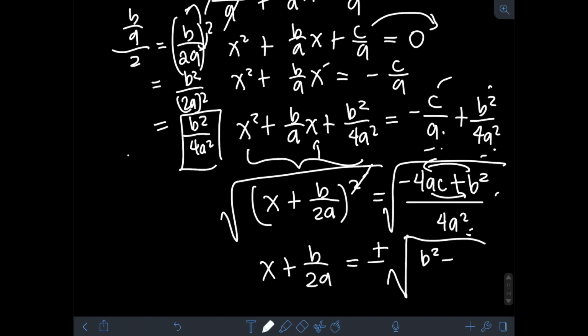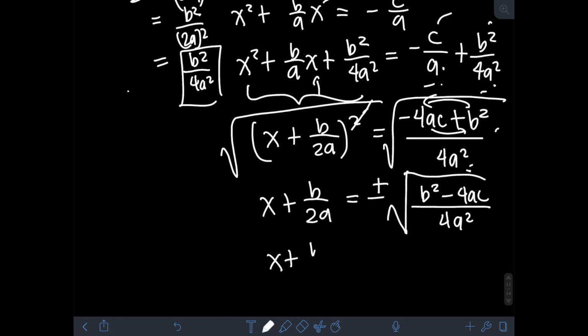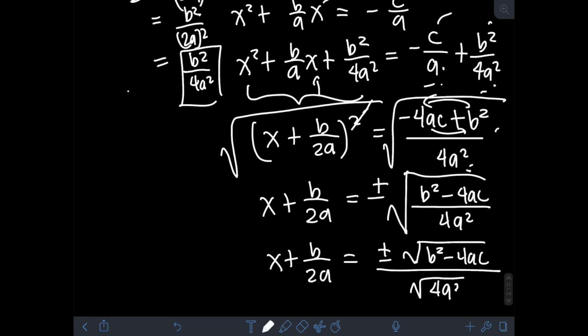So I have b squared minus 4ac divided by 4a squared. So we have x plus b over 2a equals. If I distribute the square root on the numerator and denominator, I will have plus or minus the square root of b squared minus 4ac over the square root of 4a squared.